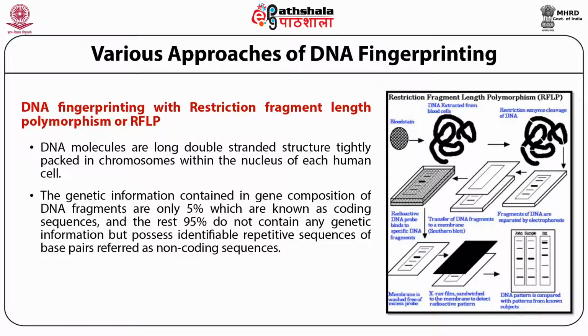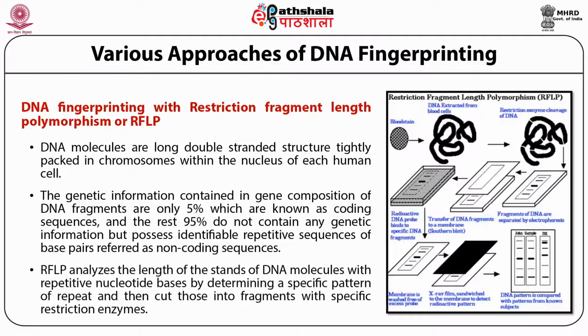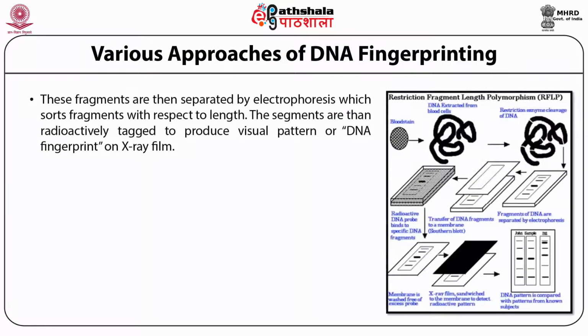RFLP analyzes the length of the strands of DNA molecules with repetitive nucleotides by determining a specific pattern of repeat and then cutting those into fragments with specific restriction enzymes. These fragments are then separated by electrophoresis, which sorts fragments with respect to length.